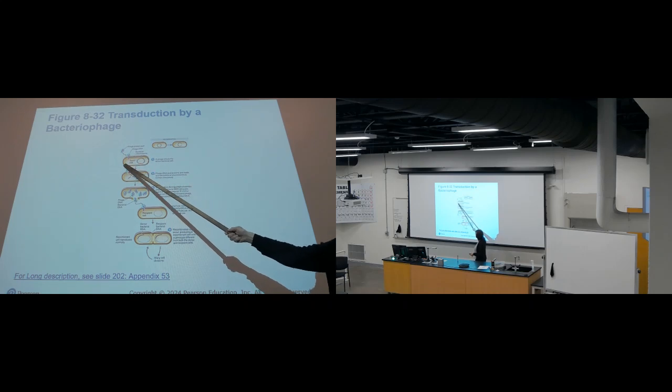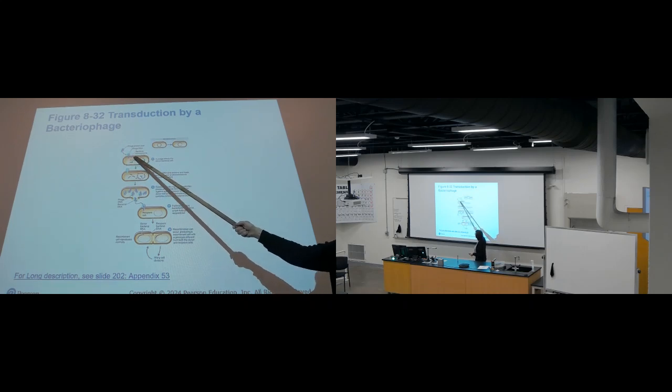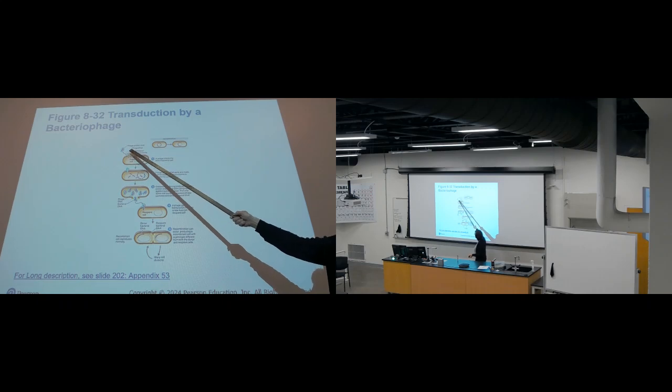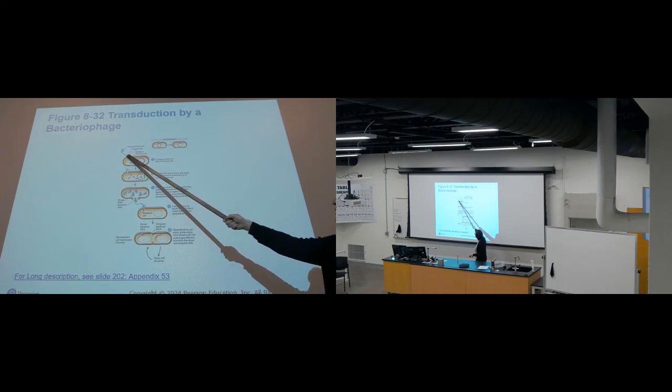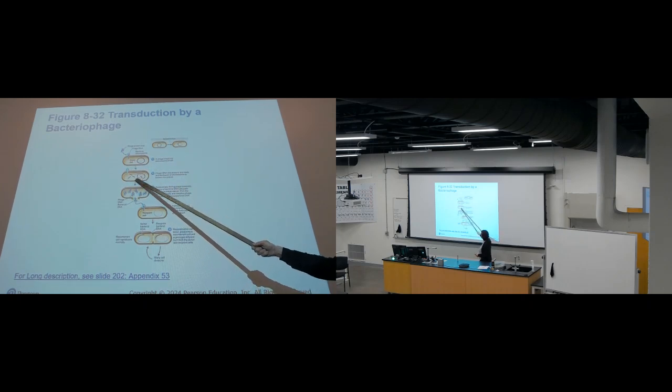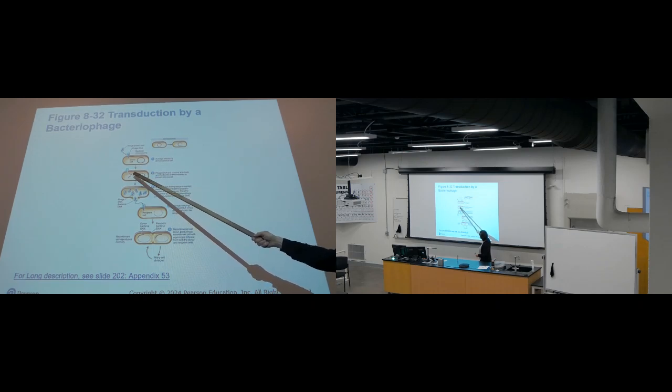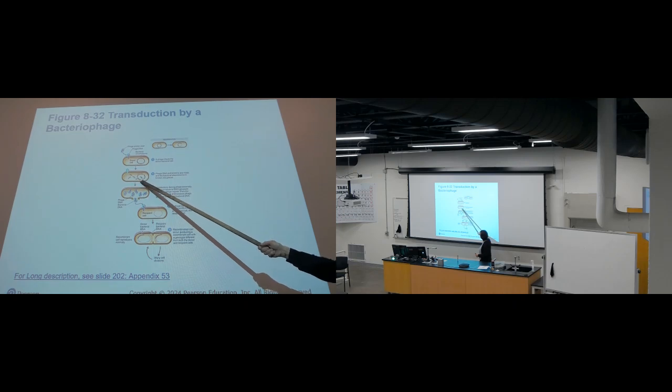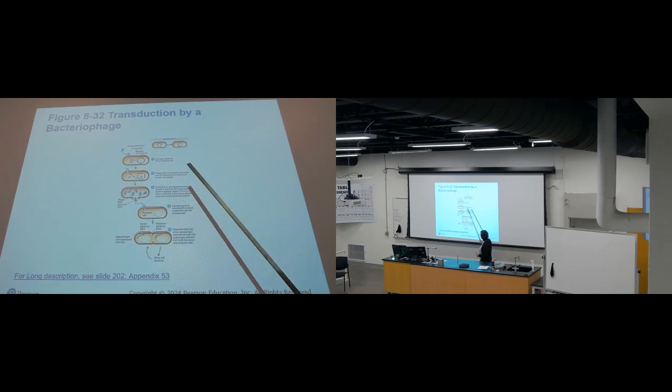So this phage will land in this donor cell, which is a bacterial cell. And then this phage, once it lands in the surface of this cell, is going to inject the DNA into this donor cell. And then once this DNA is inside this donor cell, there is going to be a recombination of this DNA from the phage with this bacterial cell.